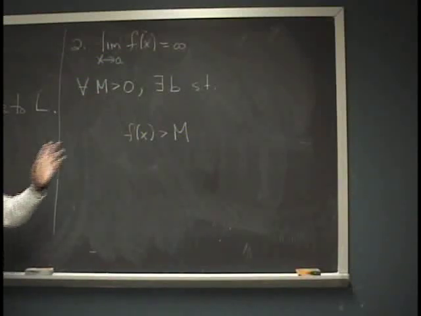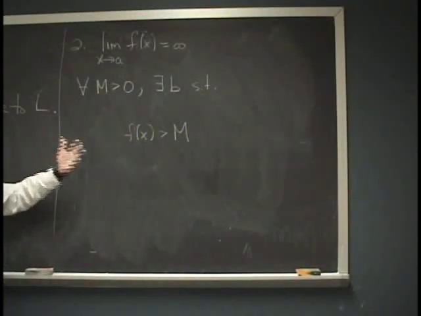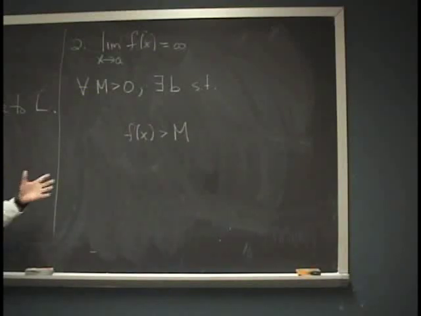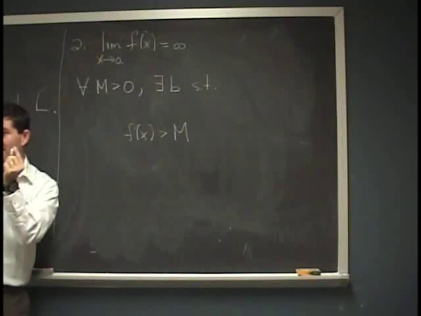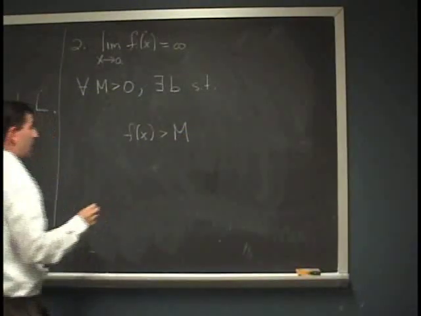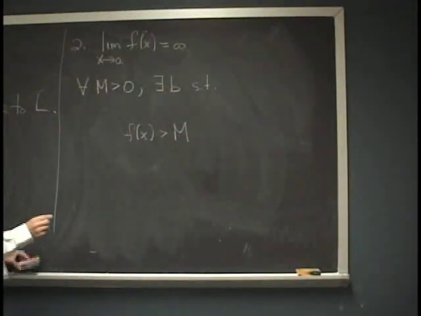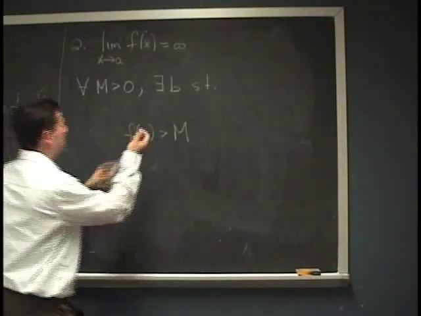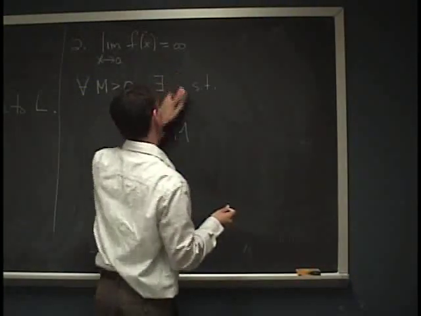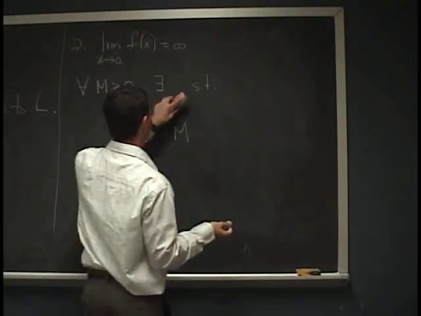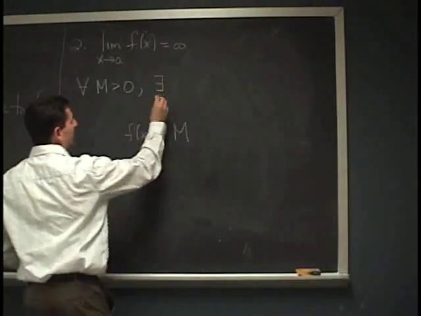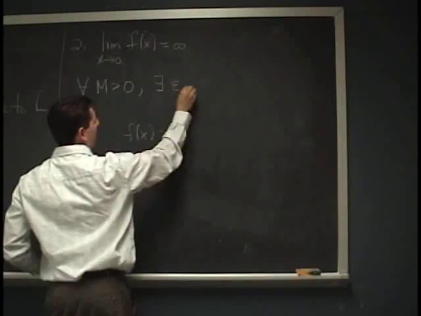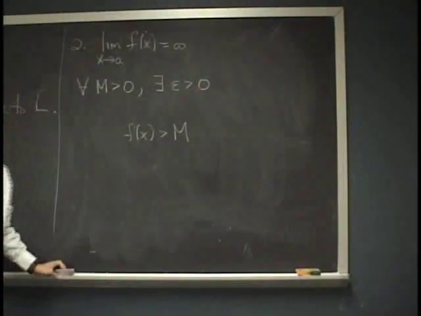So what can I do here? This is when x is really, really close to a. So maybe b is not a good letter because, oh boy, if I have to use an epsilon here, I'm going to be in trouble, but maybe I will. So there exists an epsilon. I'm using it.